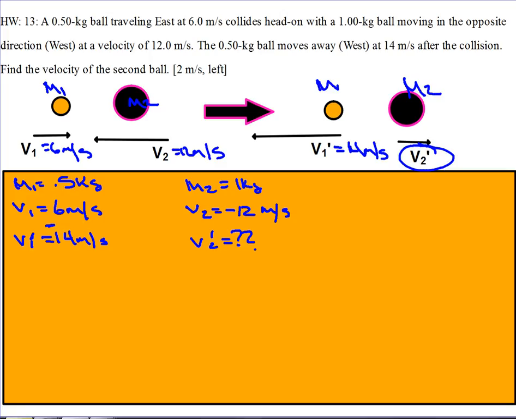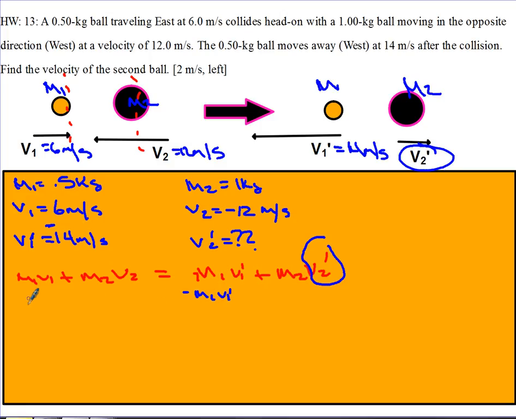Let's read off our conservation of momentum law. M1 V1 plus M2 V2 equals M1 V1 prime plus M2 V2 prime. Okay, let's go on and solve this for V2 prime. We've got V2 prime here, so I'm going to subtract off M1 V1 prime from both sides.